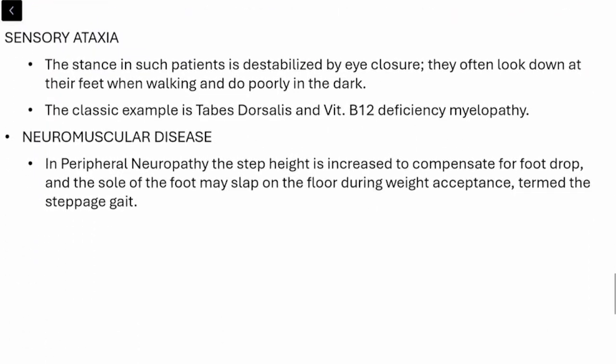Now the sensory ataxia. The stance in such patients is destabilized by eye closure. They often look down at their feet when walking and do poorly in the dark. That is what we have discussed in the Romberg sign. I took a lot of time to make you understand what the Romberg sign is. Romberg sign means when a patient of dorsal column lesion presents to you with gait disorder, you tell him to close the eyes and walk, or you just tell him to close the eyes.